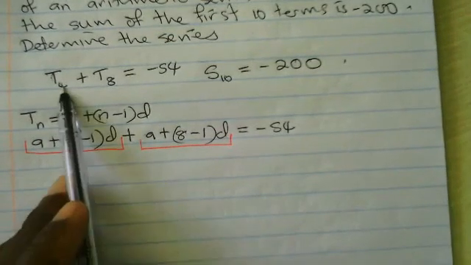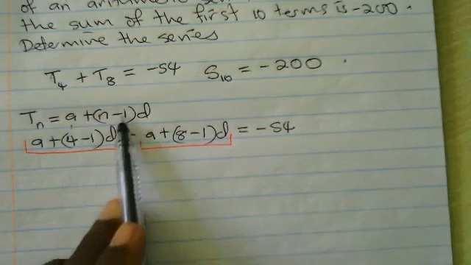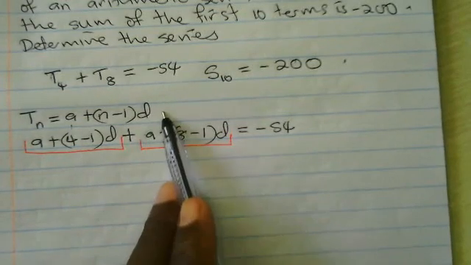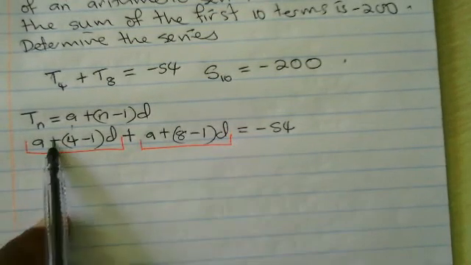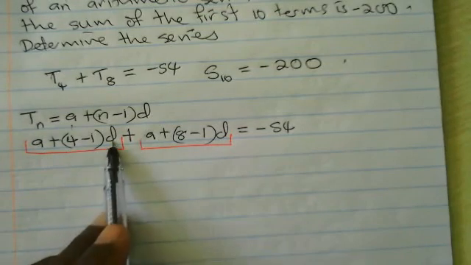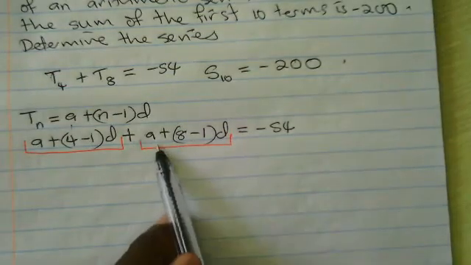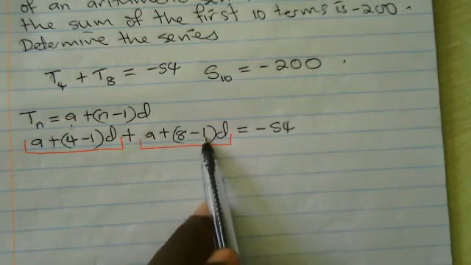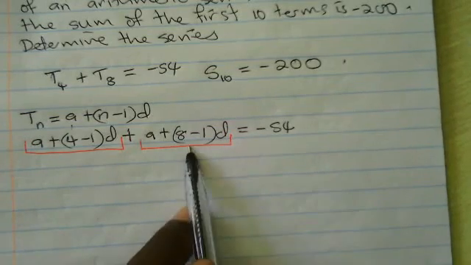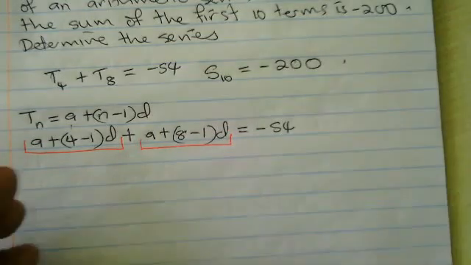Now, for T4, knowing that Tn is equal to a plus (n minus 1)d, the general term, it's a plus, your n is 4, so it's (4 minus 1) times d, plus your T8 now is a plus (8 minus 1)d. And when you add these two, you are supposed to get negative 54.